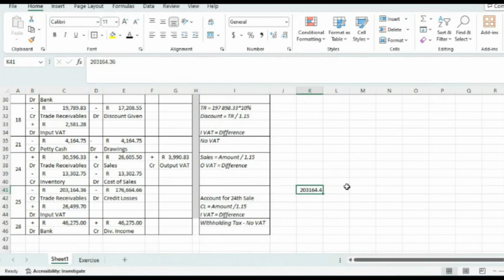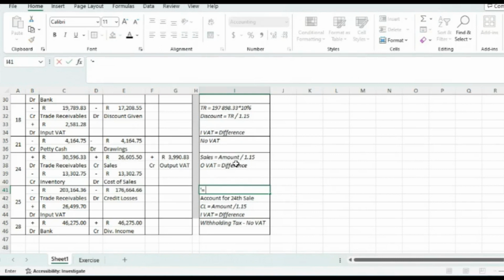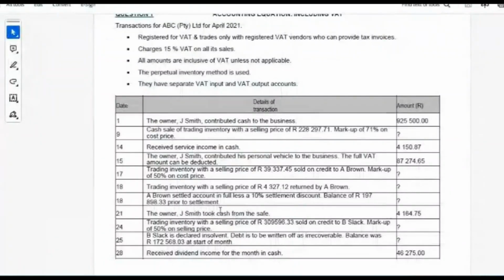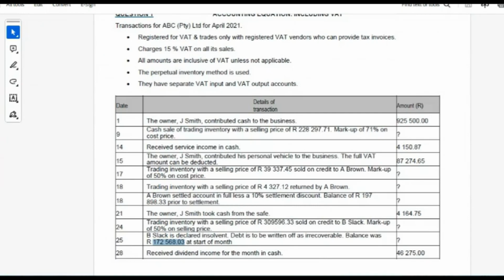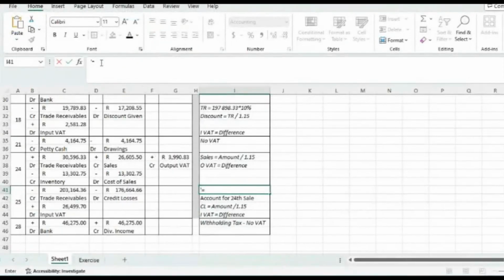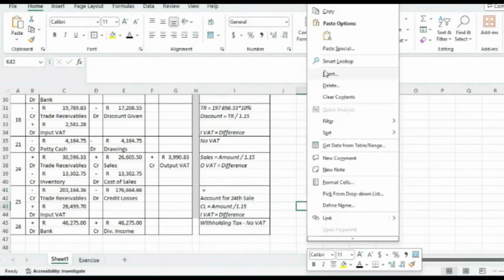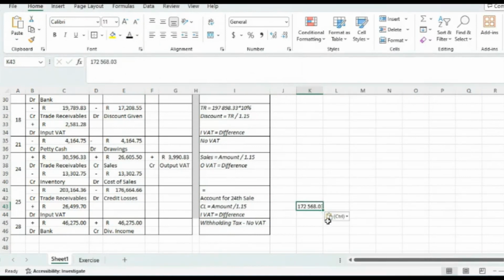Let me do it this way. I'm going to tell you what I'm going to do. I'm going to say that that is equal to that amount that was given. Now I have to go back and find it. The amount that was given, the 172, copy that, bring it in there. Just going to paste it there so that I can just write it in here.